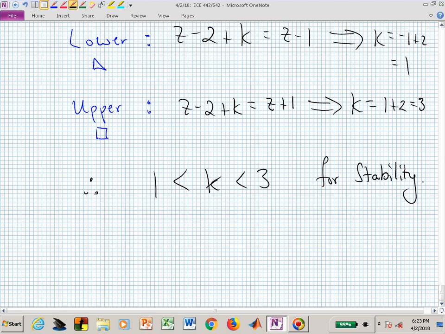If you wanted to look at z over z minus 1 hit by something z over z minus 1, I now have a z minus 1 squared in the denominator, and if you look at the table of z transforms, that corresponds to a ramp. So for bounded input, bounded output stability, I need to have strict inequalities for stability.